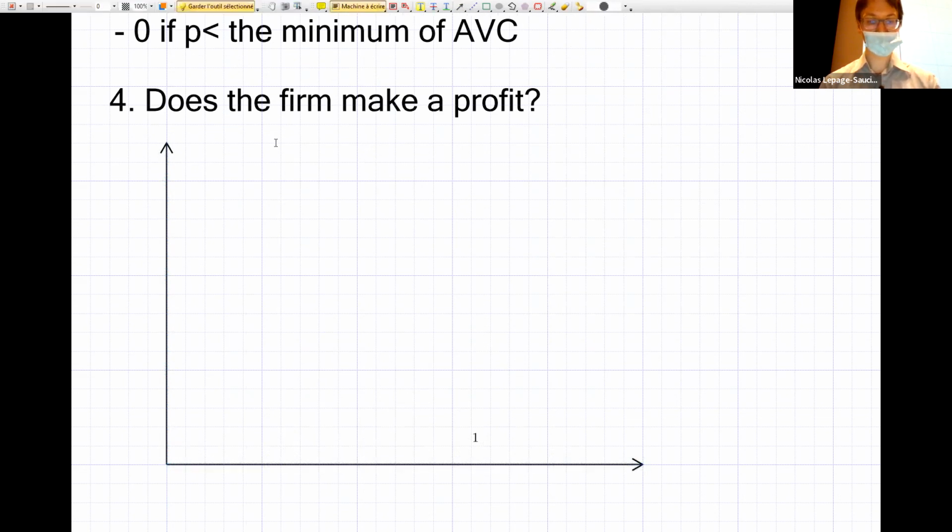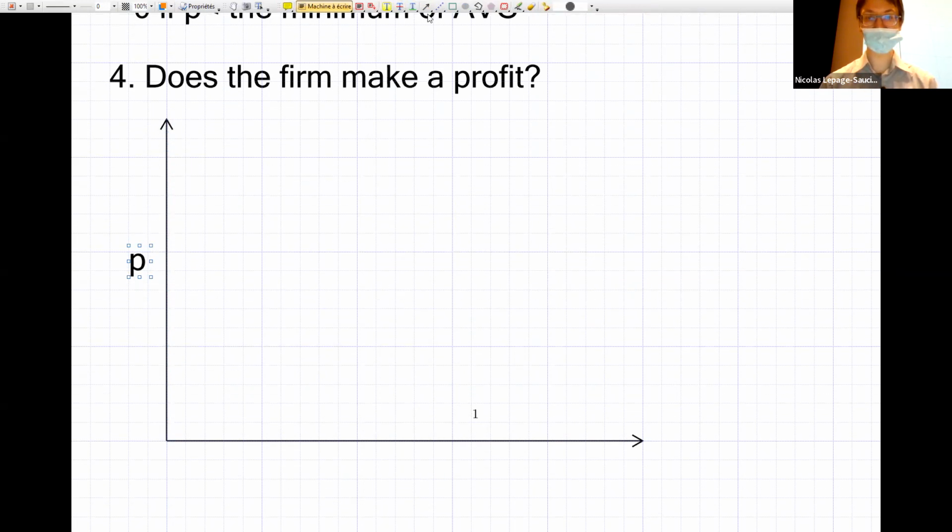I have again the price, and again, my marginal cost, which can have basically any shape.